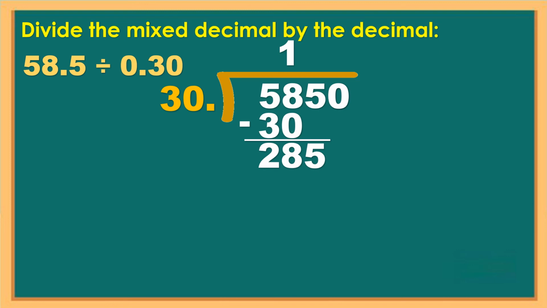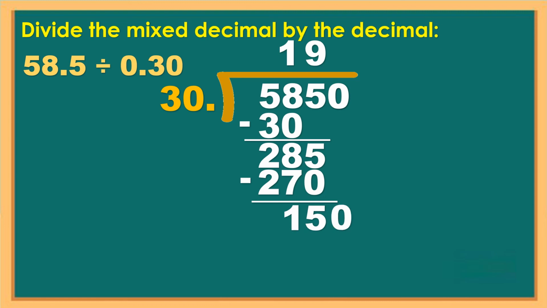Then 285, since we brought down the 5. 285 divided by 30 is 9. 9 times 30 is 270. 285 minus 270 is 15.